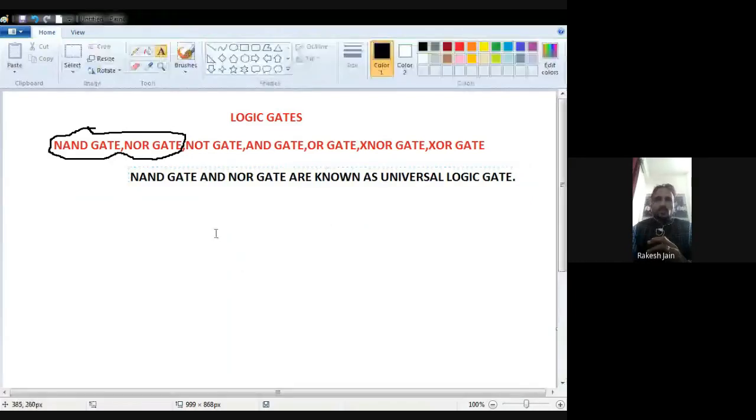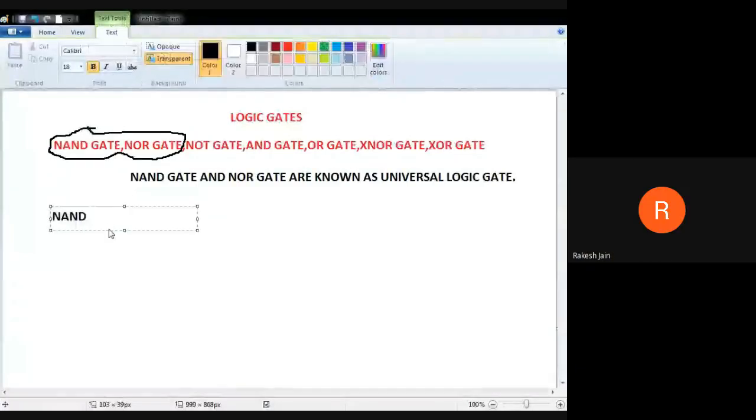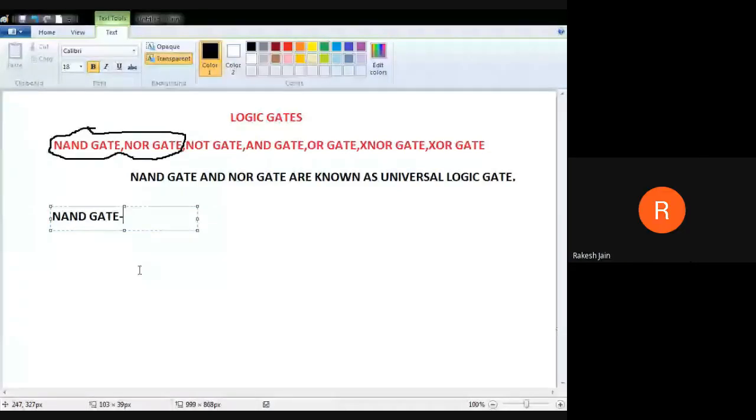NAND gate and NOR gate are known as universal logic gates. Why? Because what is the meaning of universal logic gate?